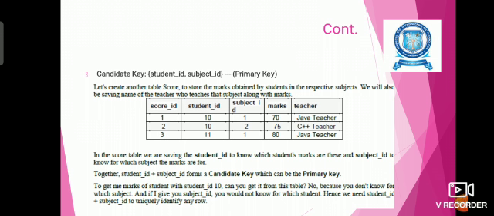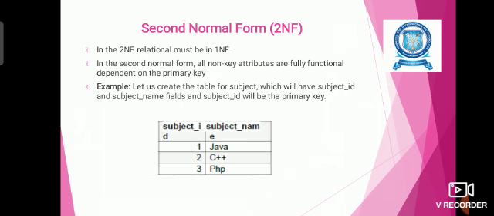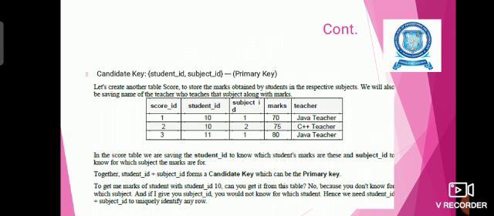Now let us see. We can identify the marks scored by a particular student. A student with the same ID is undergoing multiple subjects, and the marks for the multiple subjects are displayed in this table. For example, the student with ID number 10 is undergoing two subjects, subject ID 1 and subject ID 2, and from the previous table we can understand that subject ID 1 belongs to the subject Java and subject ID 2 belongs to the subject C++.